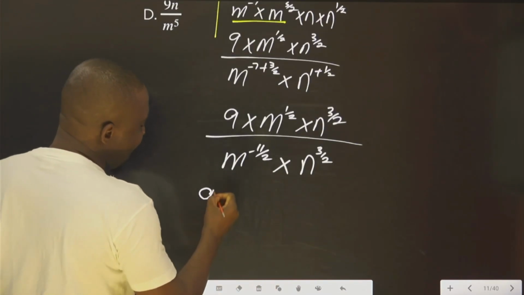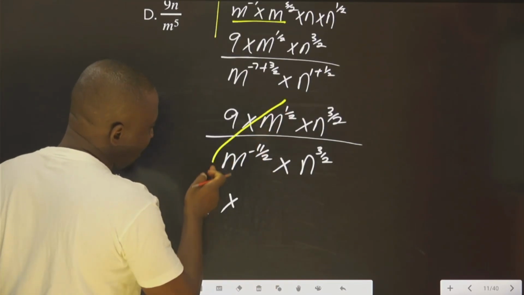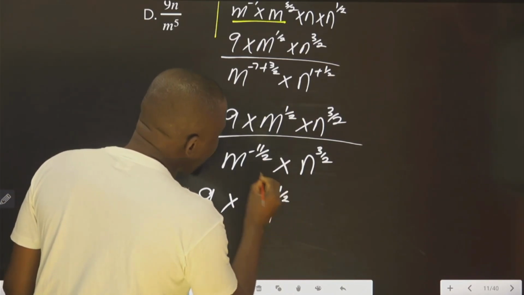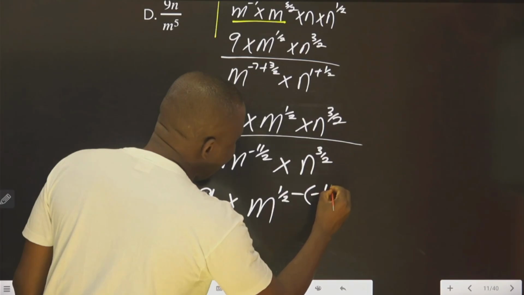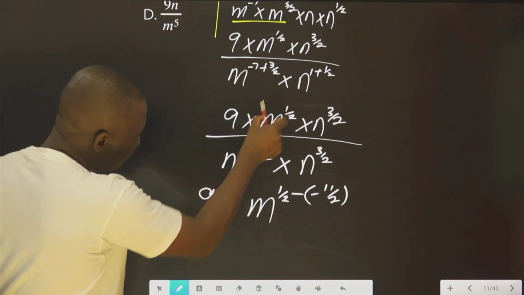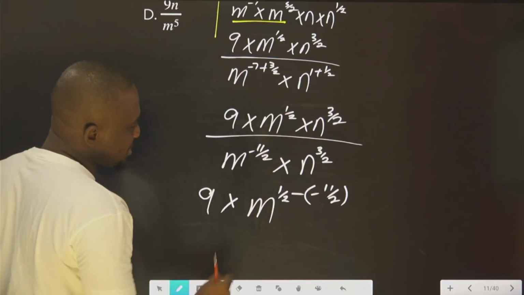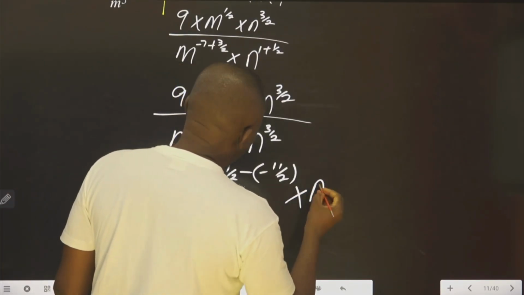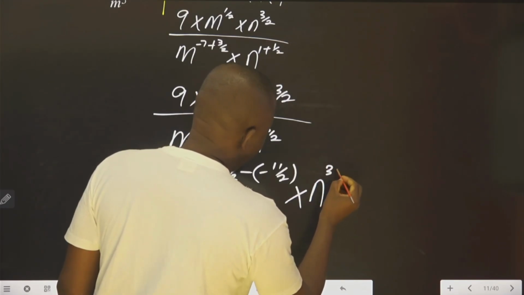Then n multiplied by these two will go together to be m 1 over 2 minus whatever that is at the denominator. This and this is divided. We have to subtract the index. Remember, I treated indices a lot in this channel.